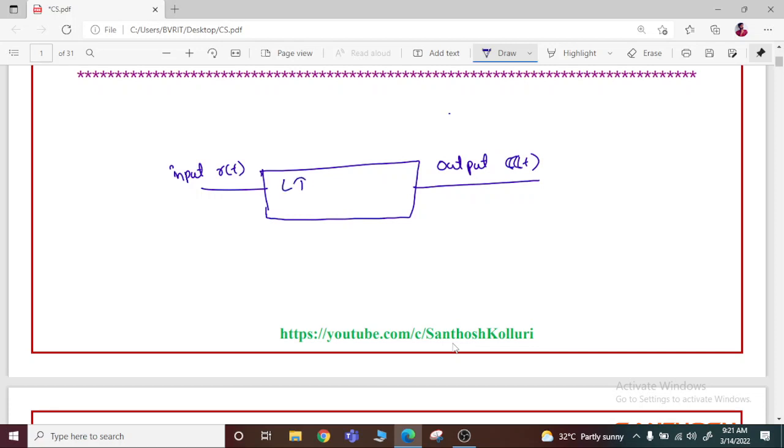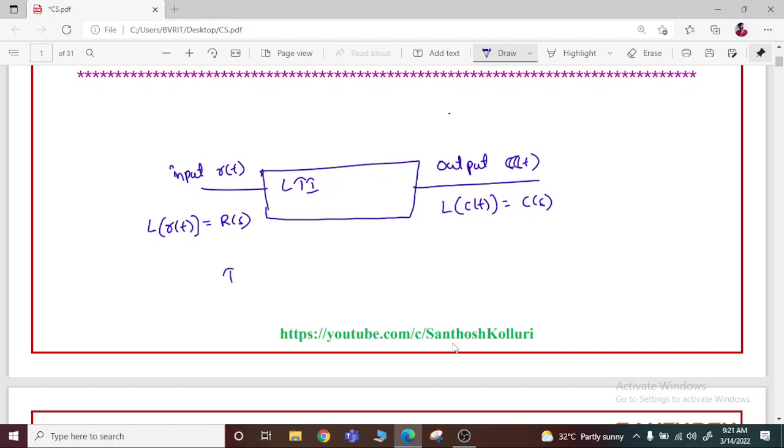So this is an LTI system, linear time invariant system, and the Laplace transform of this input R of t is nothing but R of s. The Laplace transform of output is nothing but C of s.